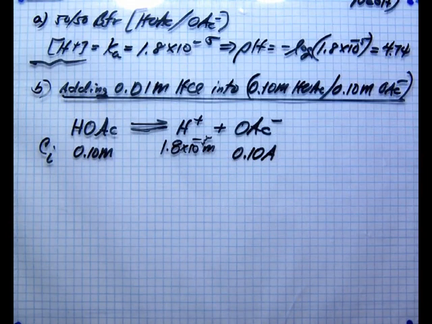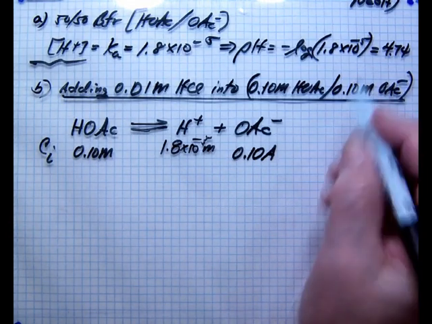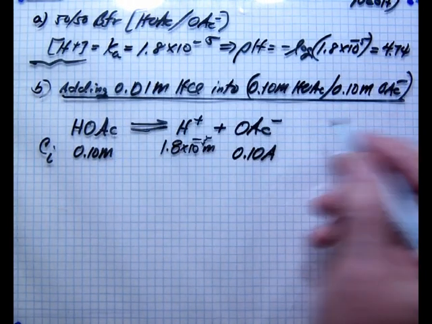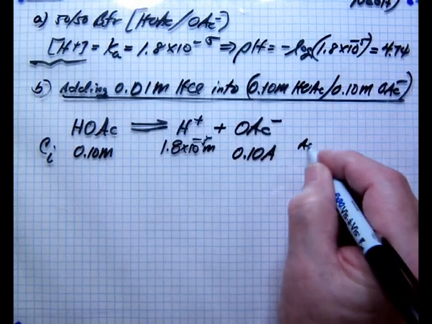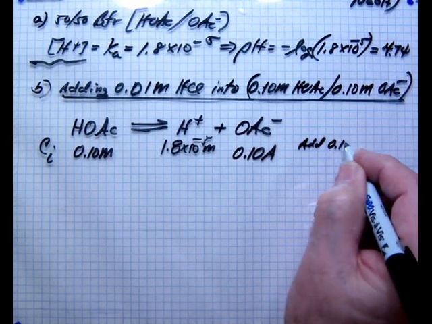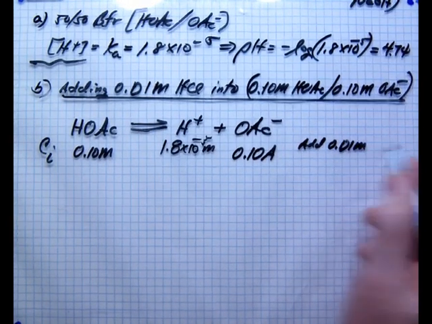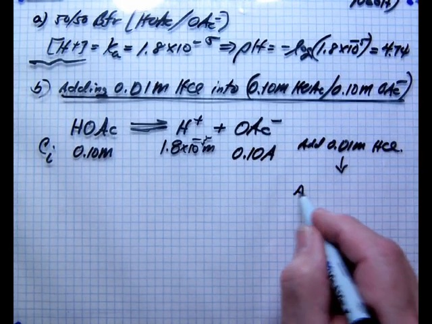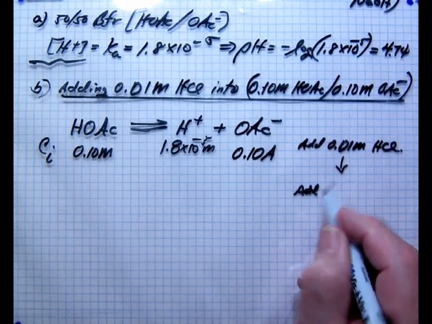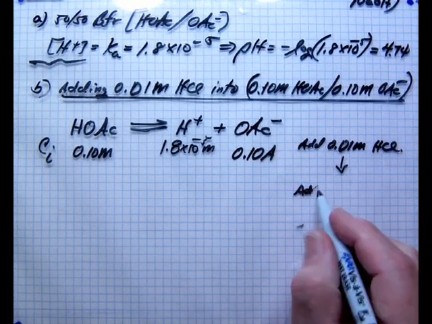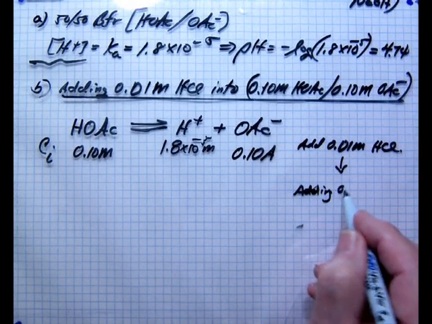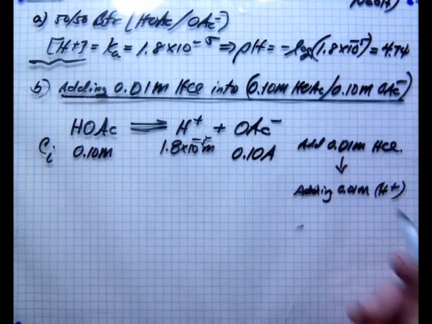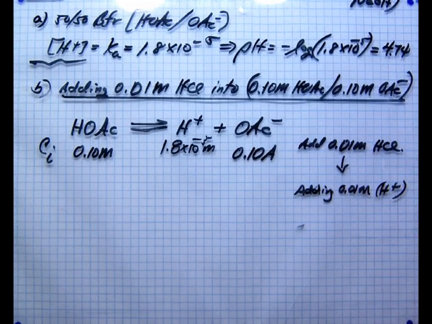Now we're going to add to that 0.01 molar HCl. That's going to add 0.01 molar in hydronium ions, because it's a strong acid.